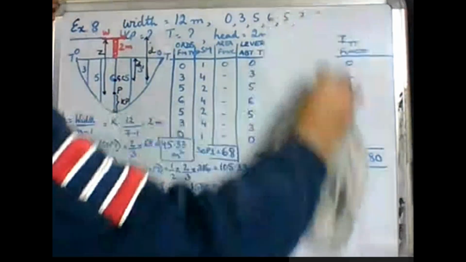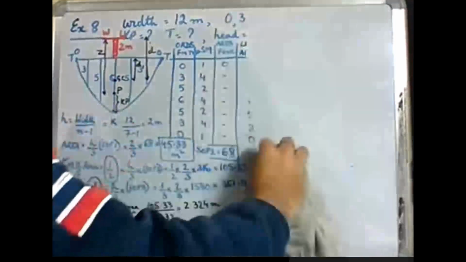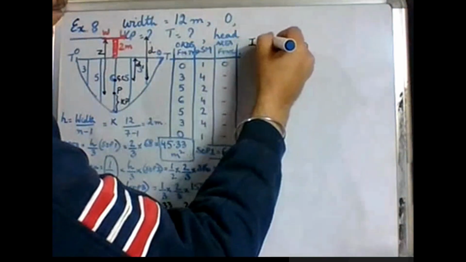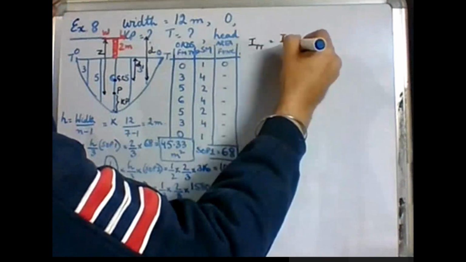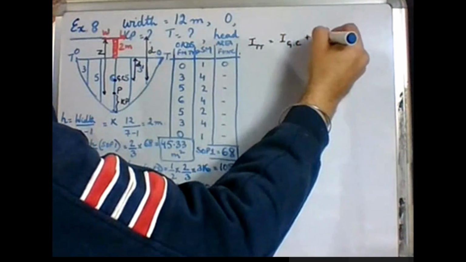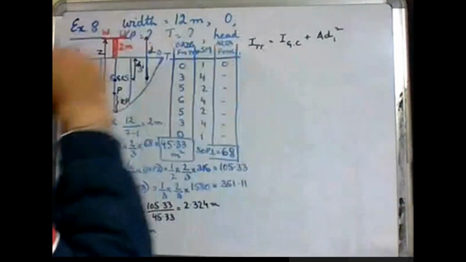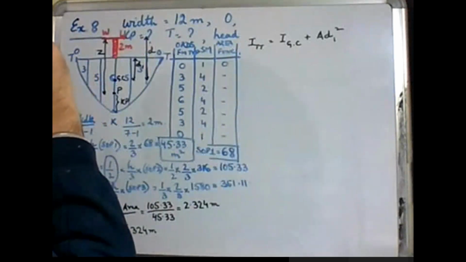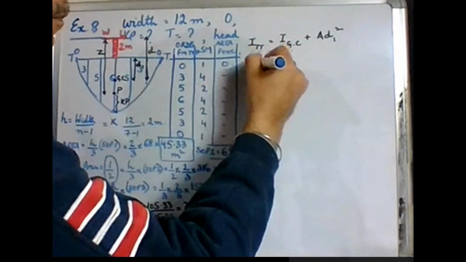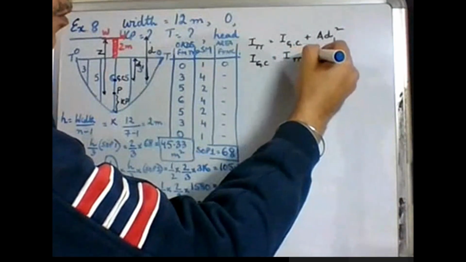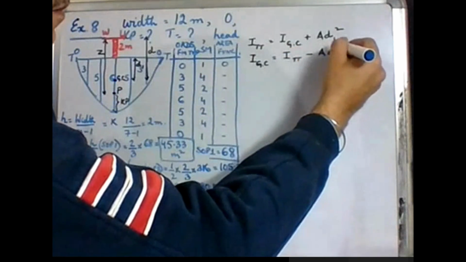So ITT is equal to IGC plus AD1 square. Correct? So IGC is equal to ITT minus AD1 square. Are you with me?